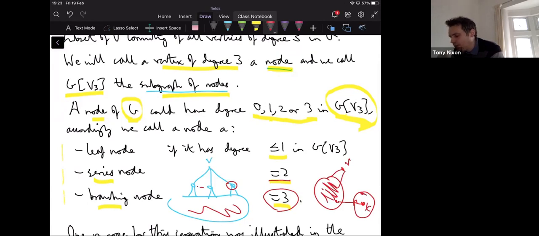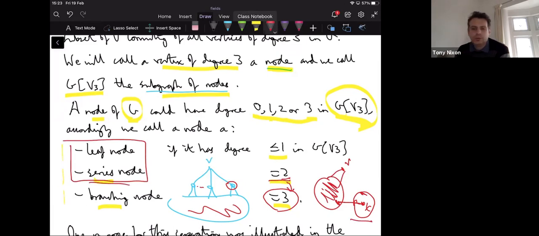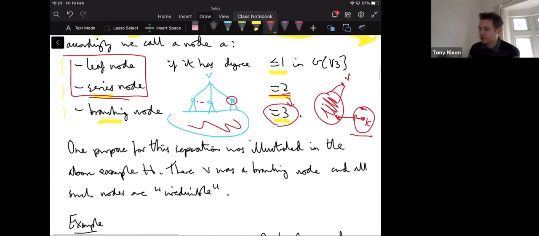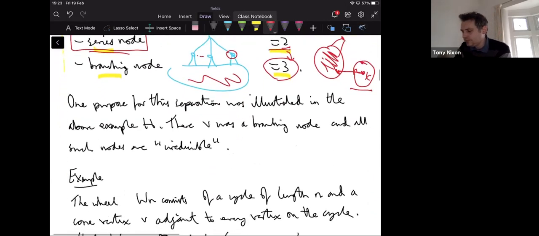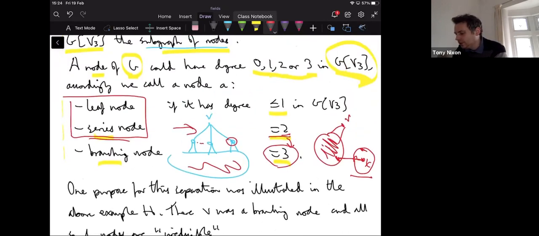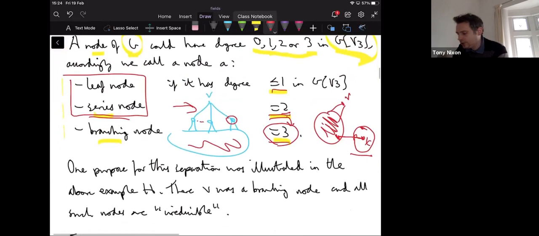Over here, it might have been good, but it might have one more neighbor over here that pushes the 2 up to a 3 if you move from the subgraph of nodes. And so we really want to have this distinction, because the series ones that go up would also be bad. But I think that's probably too vague at this point. We've got a fair bit of work to do to get to that point. So this was the illustration of part of the motivation for separating out nodes by their degree in the subgraph of nodes into leaf, series, and branching.